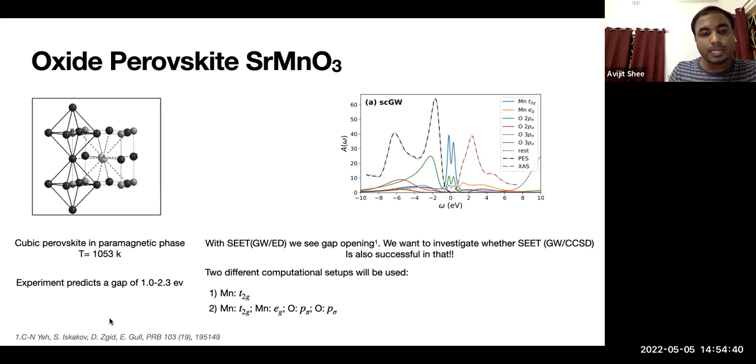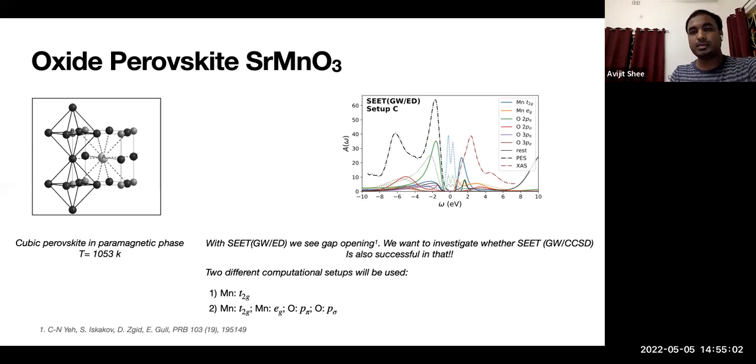Experiment predicts a gap of 1 to 2.3 eV, but self-consistent GW, as shown here, fails to reproduce this gap.